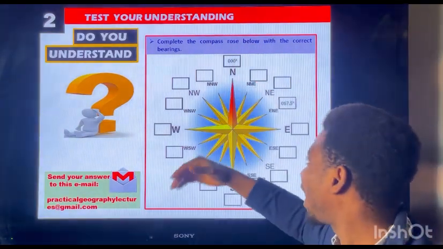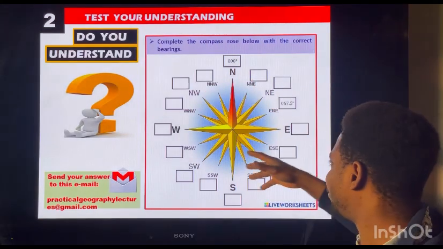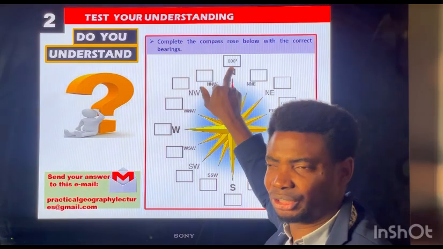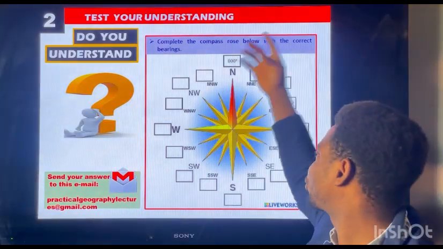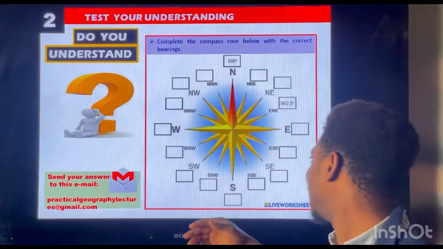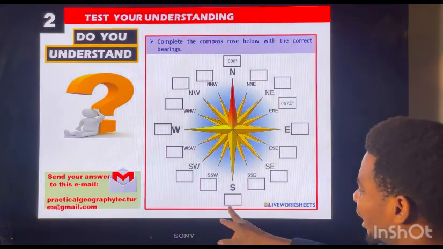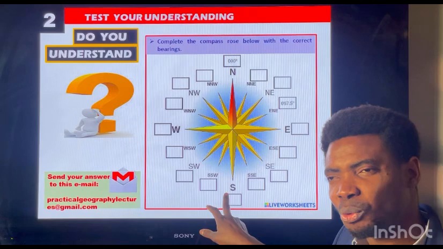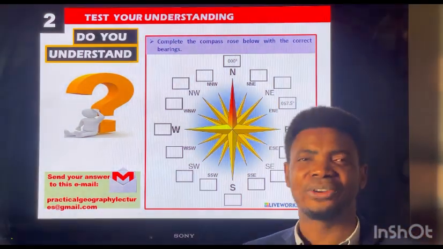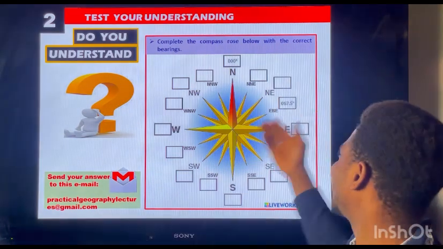If possible, assign their appropriate values in each of these boxes. Don't forget that your north direction corresponds to 0 degrees, and your south is 180 degrees, and your east-northeast is 67.5 degrees, as you find it here.